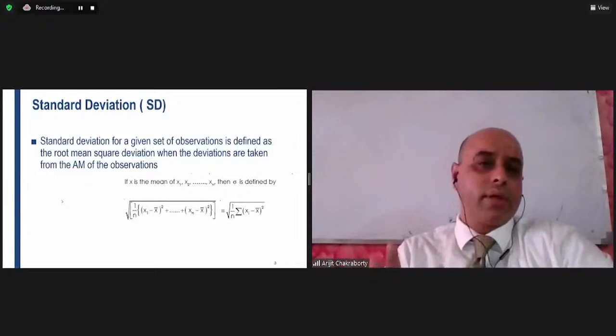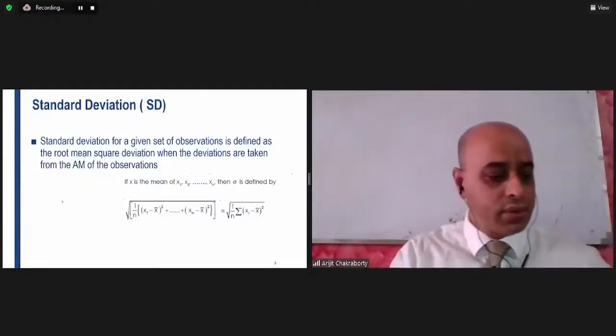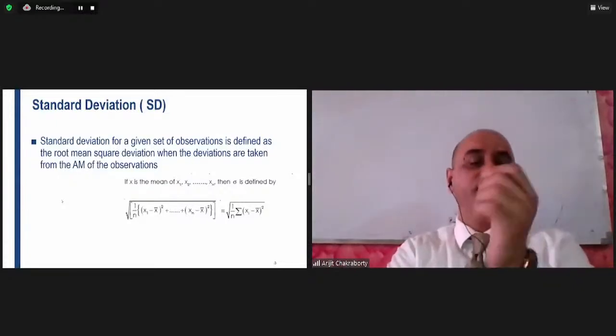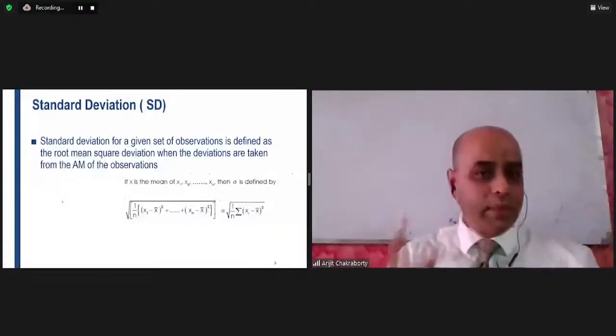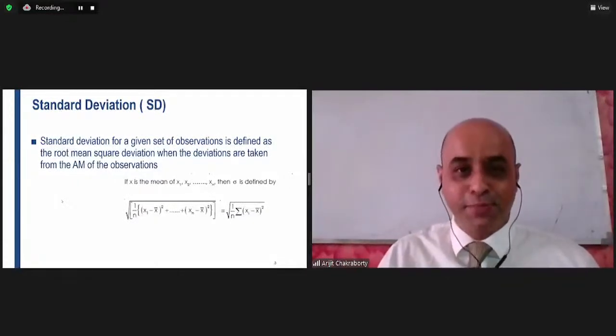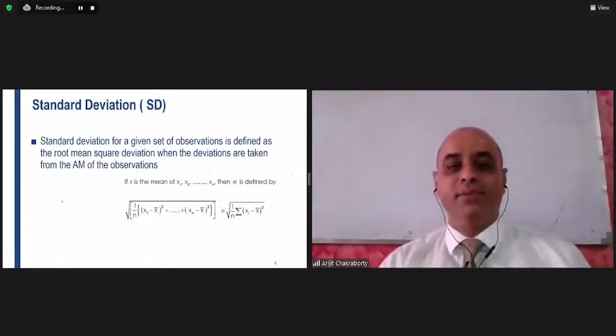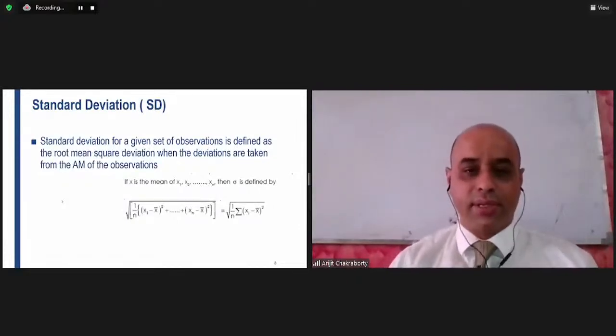We will not calculate any deviation from the median. Here mean means arithmetic mean, because we are not going to consider the geometric mean or harmonic mean.